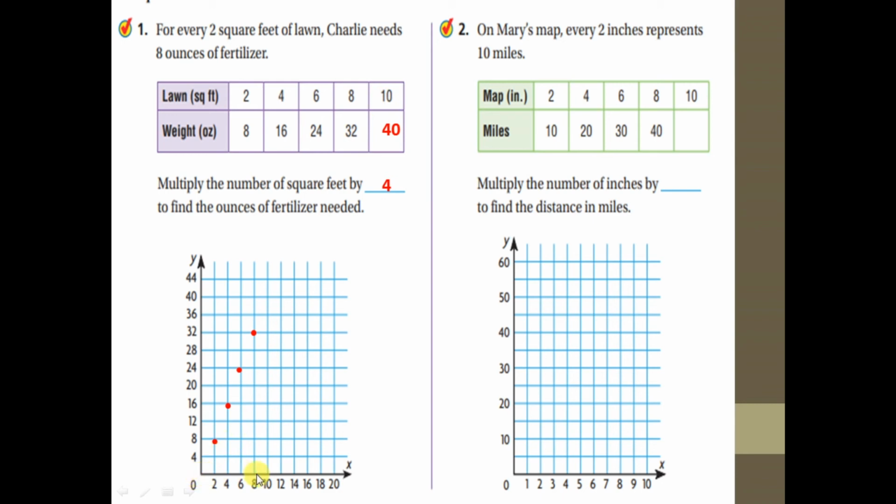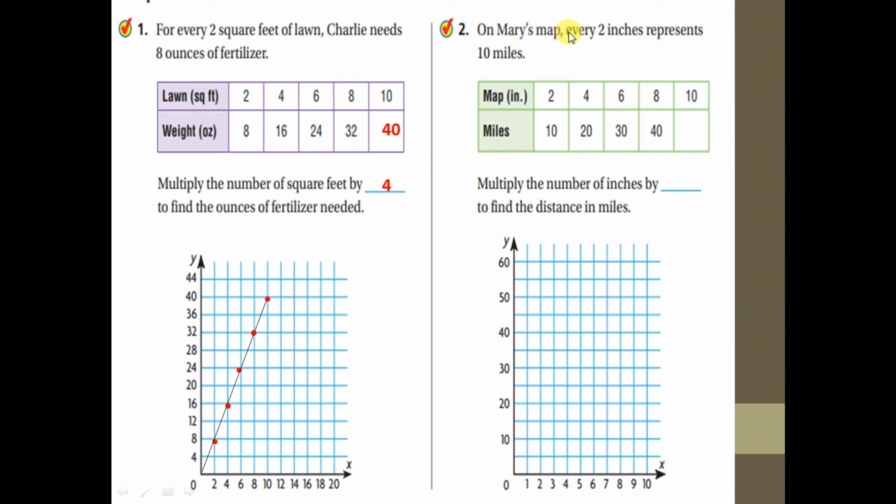Start from origin, go to the right until 10, then we go up until 40. And that's the final point. And don't forget to drag a line from the origin until the last point and check that it will go through all the points all together.